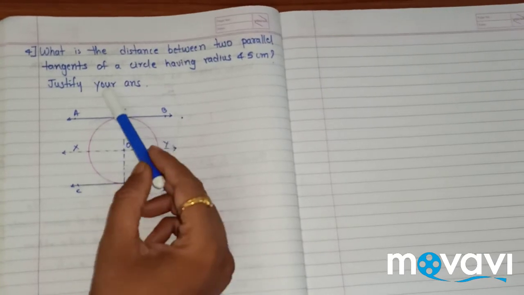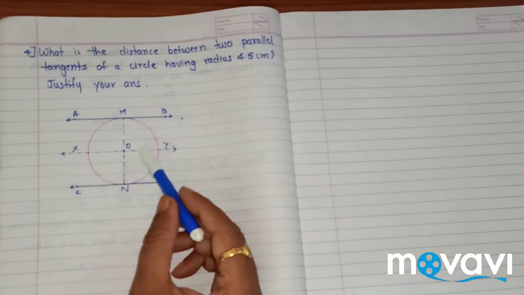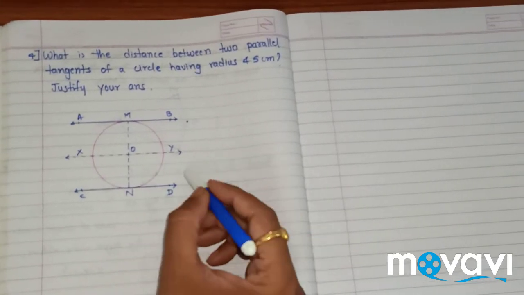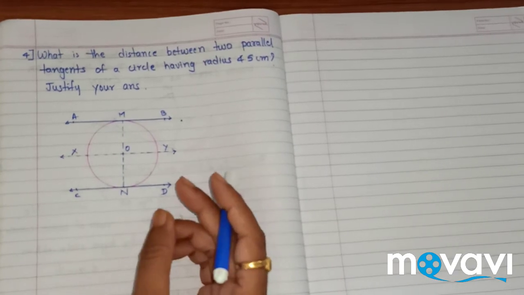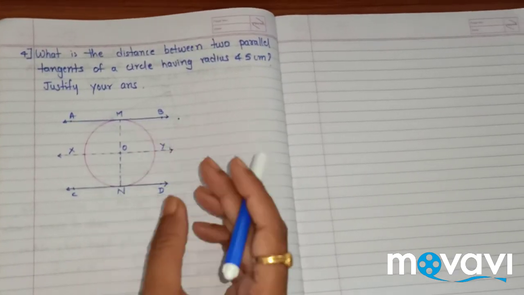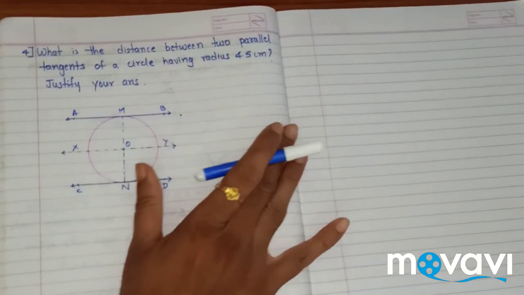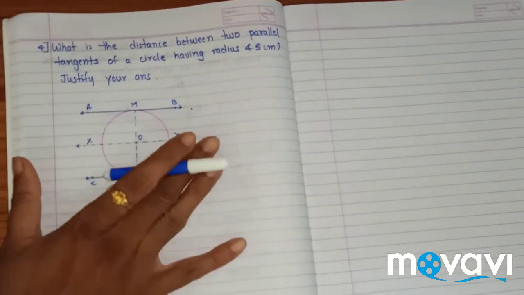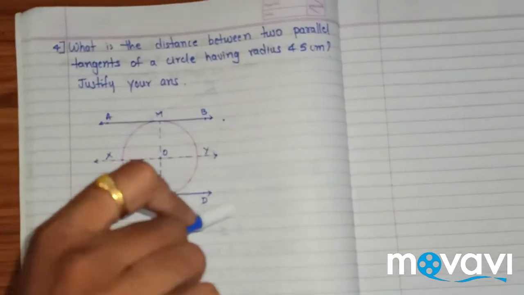How you justify is you take up whatever you have studied in your previous classes. You take the statements, theorems, properties, corollaries, converse, whatever is applicable, and using that you get your answer, which means you have proved yourself. This is what it means to justify your answer.